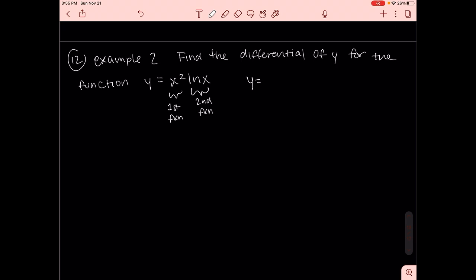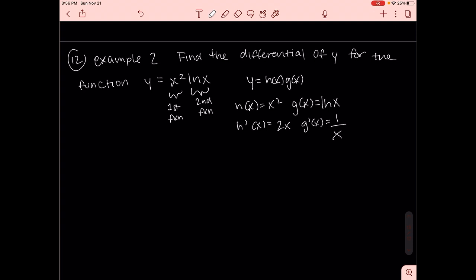So we've got y is equal to h of x times g of x, and this is just me carrying out the product rule right now. And we're going to set x squared equal to h of x and ln x equal to g of x. And h prime of x is equal to 2x, and g prime of x is equal to 1 over x.